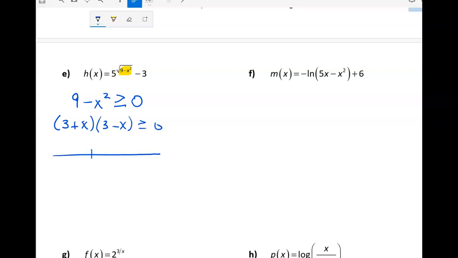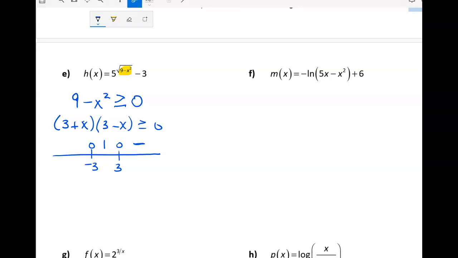Use a number line. Mark off the two values that make the polynomial 0 on the number line. And then let's use a test value. Something to the right is usually easiest, so let's use 4. 3 plus 4 is positive, 3 minus 4 is negative. Multiplying those two together, I get negative.